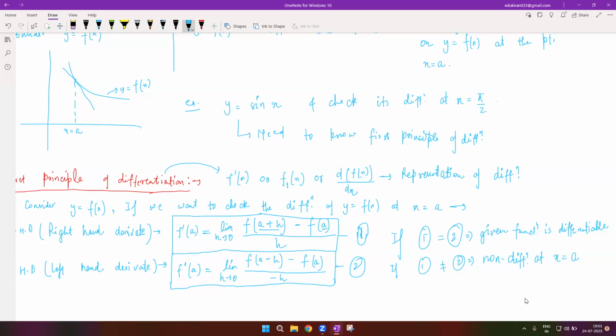Okay, so let's find out the differentiation of, okay, you tell me, you take any function. You may know the formula for all the functions, but you can tell me any function and we will find out the formula for differentiation of that function.